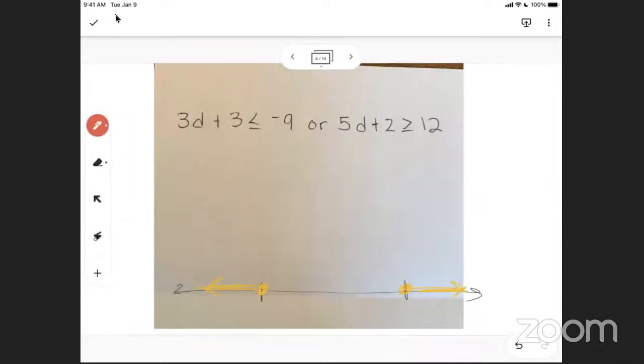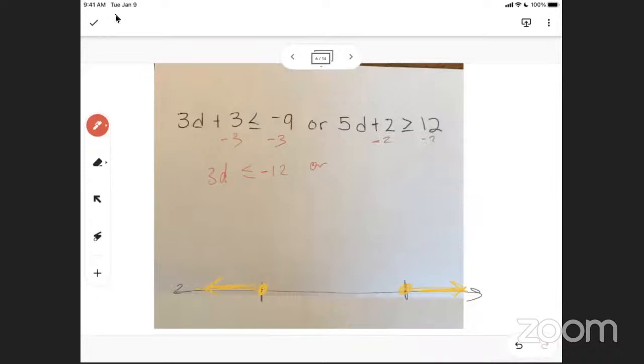So what would I do first on the left side? Subtract 3. Good. And what do I get? First, I'm going to write 3d is less than or equal to negative 12. Or what do I do here? You're going to subtract 2 on both sides. Good.